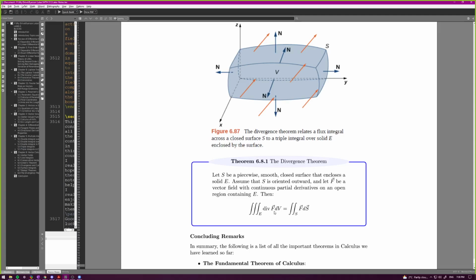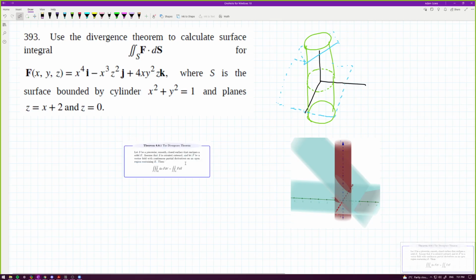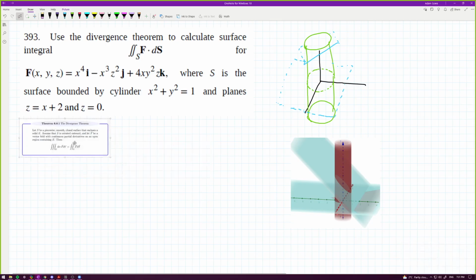The divergence of F is like the derivative of F, and we're taking an antiderivative here and finding the surface integral. So using boundary conditions, we can find information about the derivative inside. That's essentially what it is. There is supposed to be a dot on there, which is bugging me, but that's okay. There we go. Okay, so that's the divergence theorem for us.